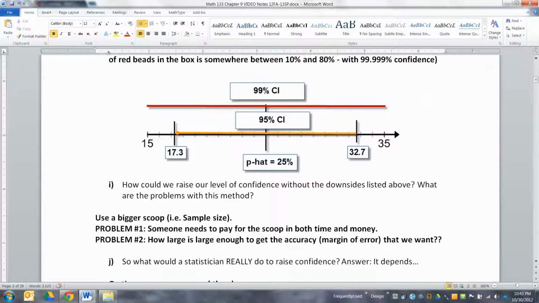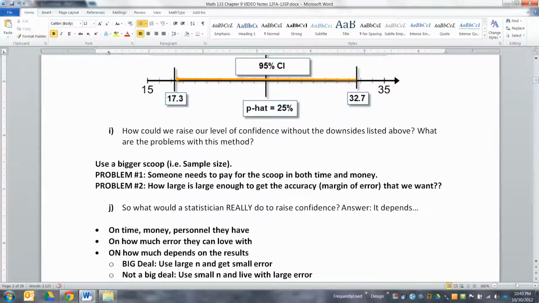So that's one option. But how can we raise our confidence level without the downside of making an interval so big that it's useless to us? The way you can do that is use a bigger scoop, i.e. take a bigger sample, take a better sample. The problem is that somebody has to pay for everything that you do.